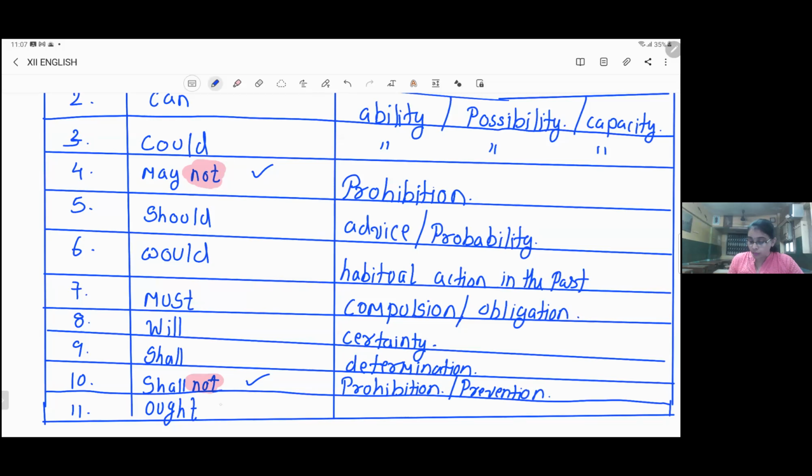11. Ought to. What will come? Obligation, probability, and you can write desirability.